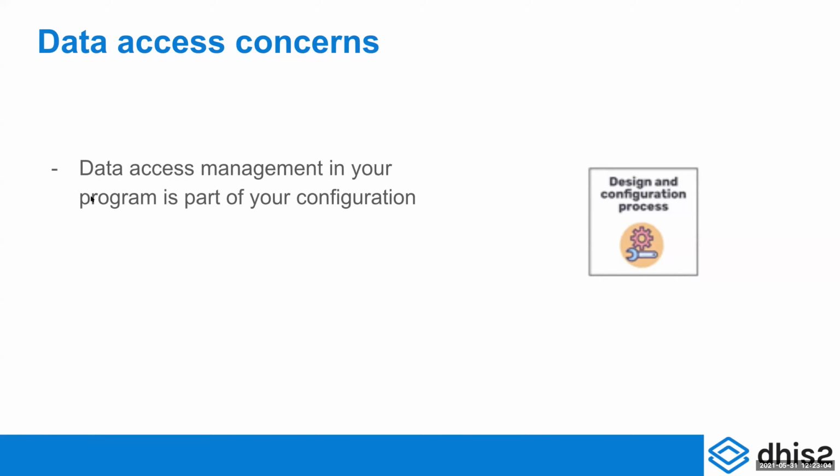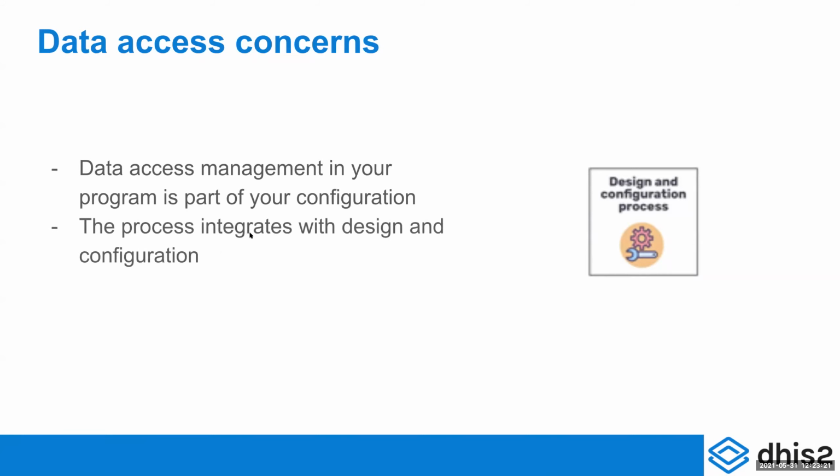Data access management is part of a configuration, and I see from the chat here, Abdul, you're mentioning the same. Data access management is something that is part of your program configuration, your user groups, and it might also integrate with the decision on what to put in which program stage, and how to divide your programs on very practical things like this.